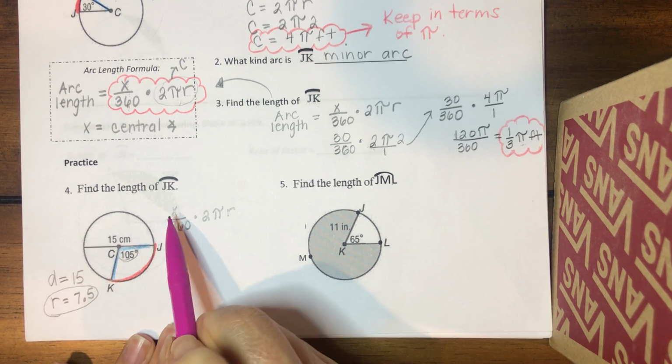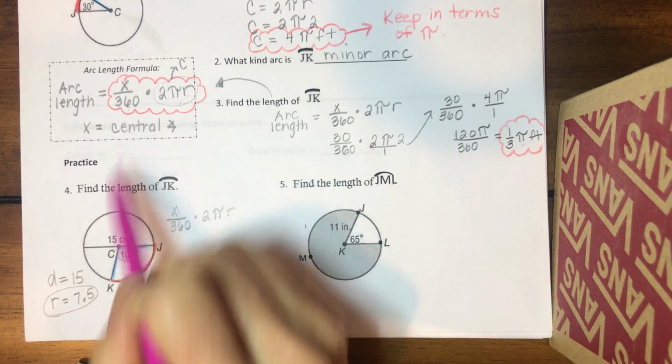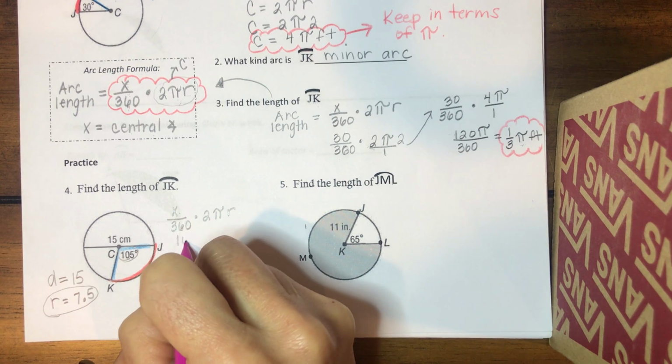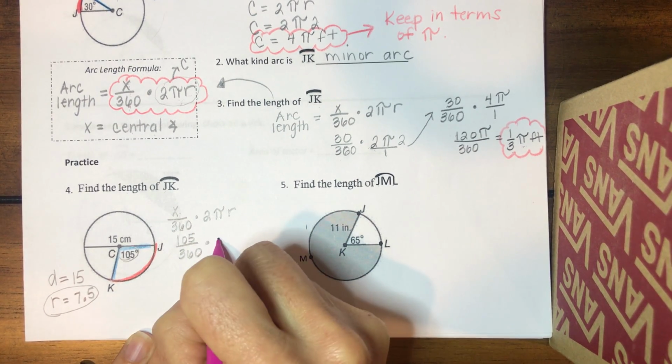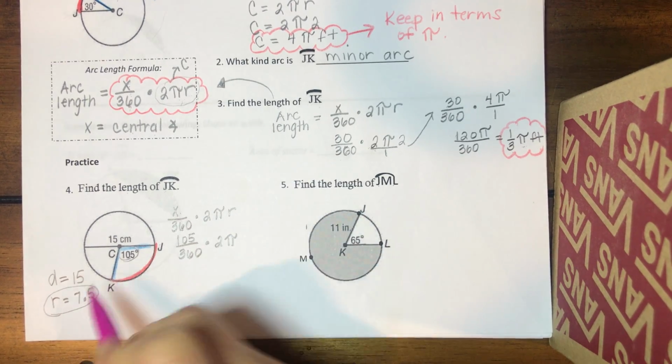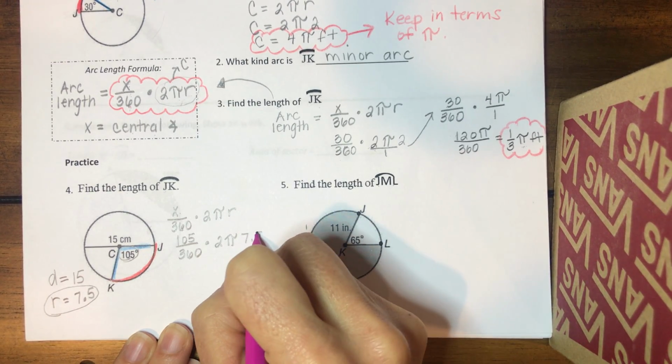Plug in what we know. Central angle, x is our central angle, 105 over 360 times 2 times pi, and our radius is 7.5.